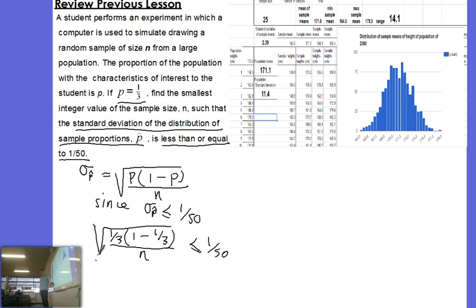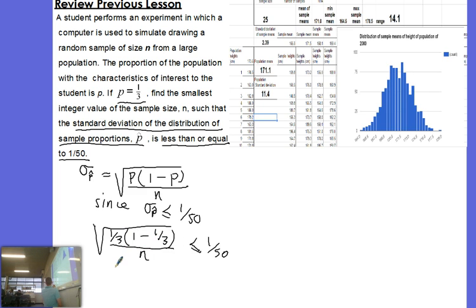Squaring both sides. We've got to get rid of this square root. It's going to look like this, or more like the previous question. Both. Yep. So we've got a third times 1 minus a third, which is 2/3.